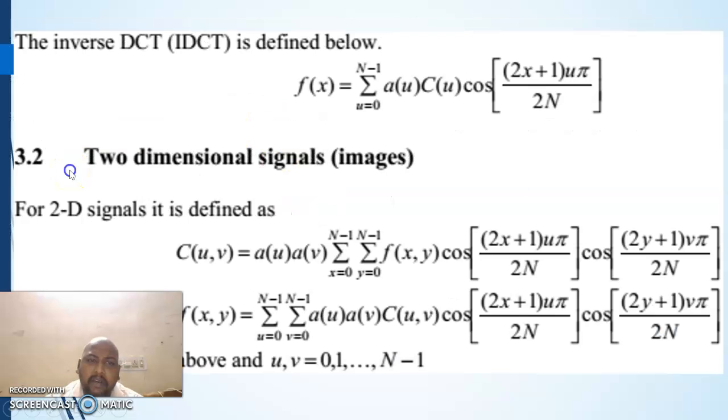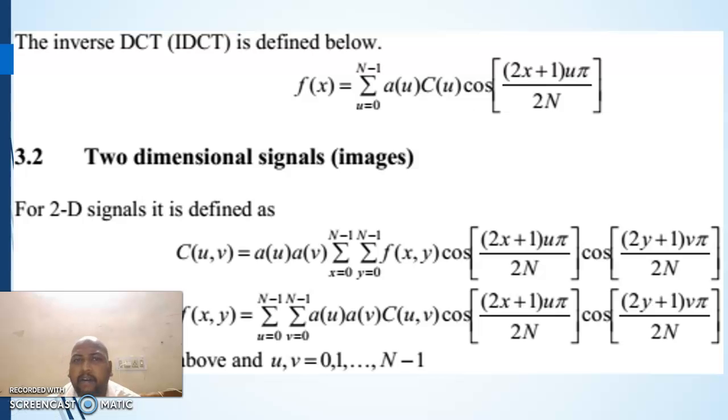The inverse discrete cosine transform is defined in the same way, where C of u is the frequency domain transformed image function, followed by the kernel.